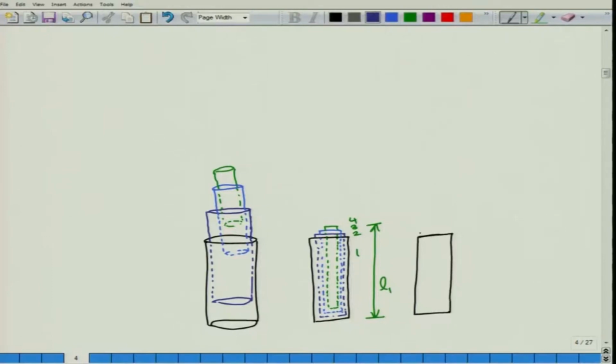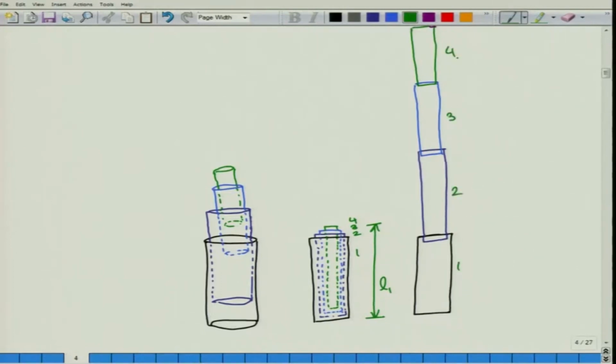So, this is the first portion, followed by the second portion, followed by the third portion, you have 1, 2, 3 and 4.